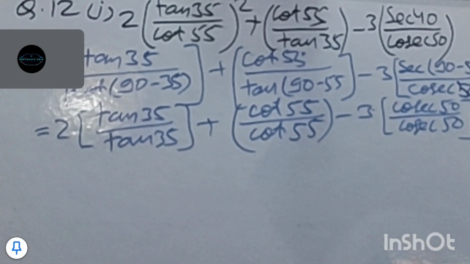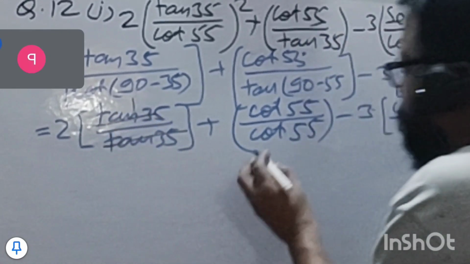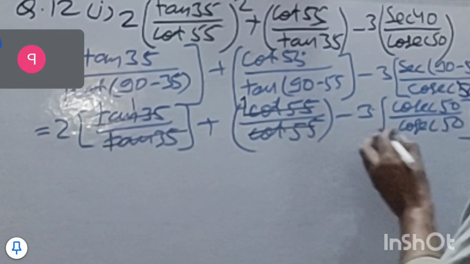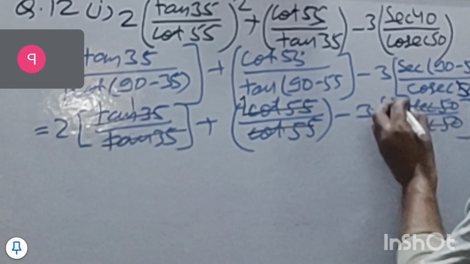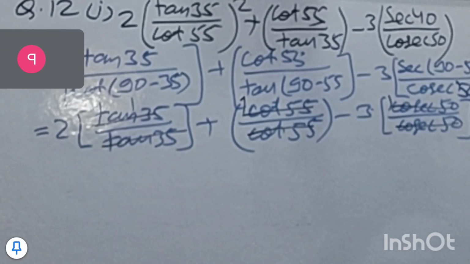This cosec 50 cancelled off, all these are cancelled, we get 1, this is cancelled, we get 1, and this is cosec 50, 1. Now 2 plus 1 minus 3 into 1.